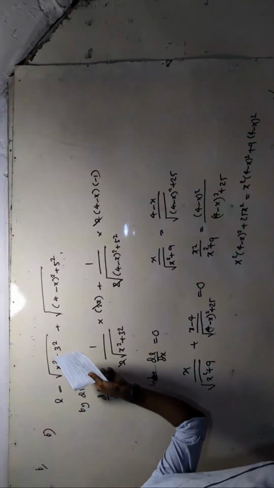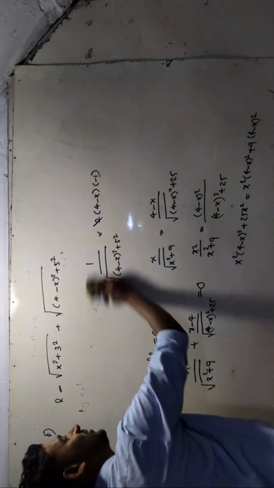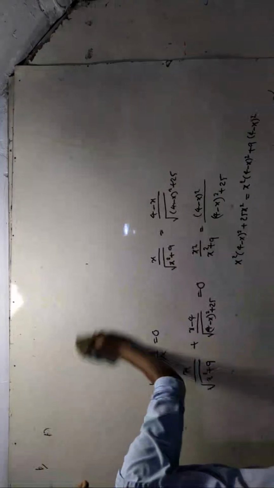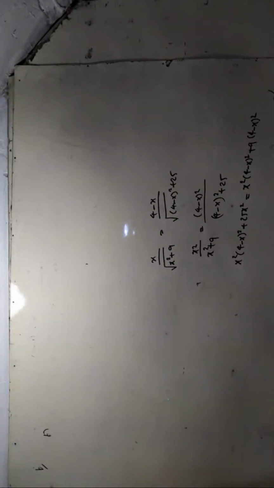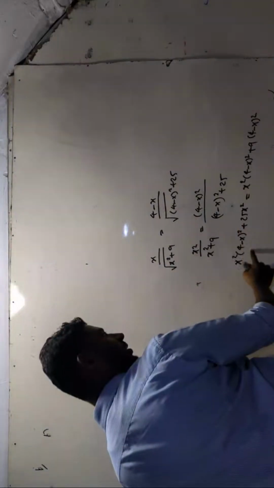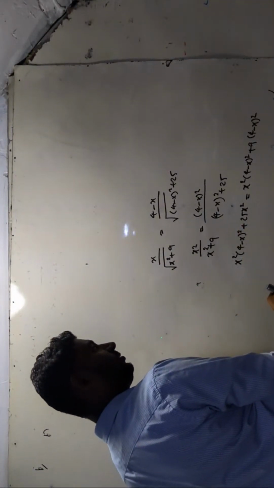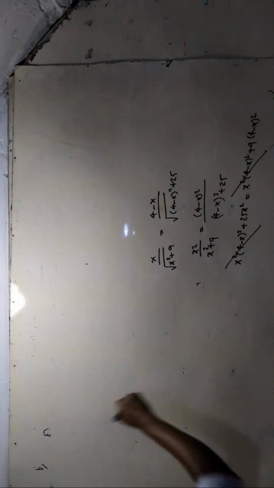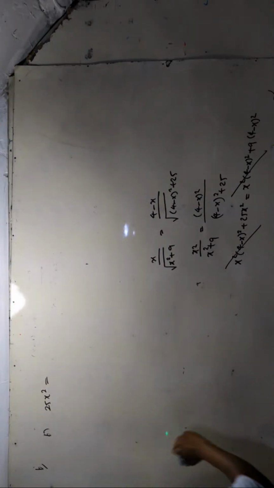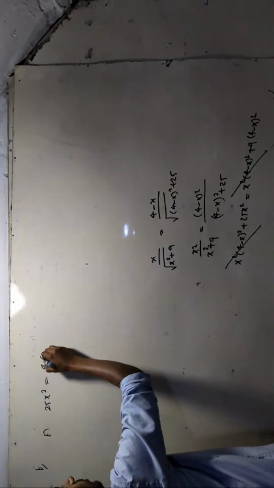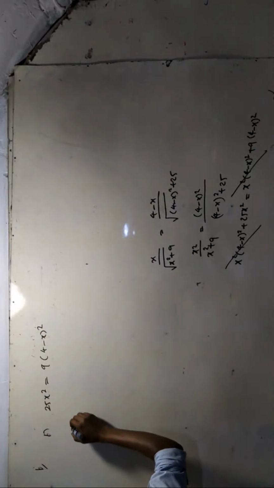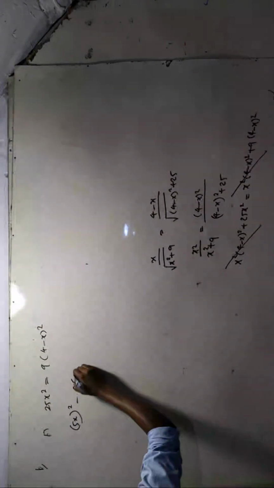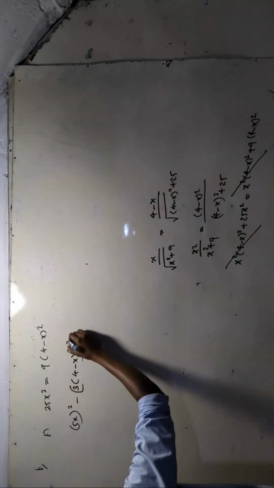So we can cancel out this part. Yes, that is easy now. So 25 x squared is equal to 9 into (4 minus x) squared. So that is (5x) squared minus (3(4 minus x)) squared. Right. So that is equal to 0.